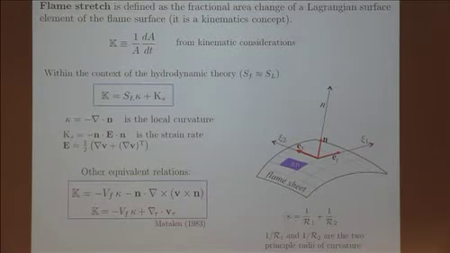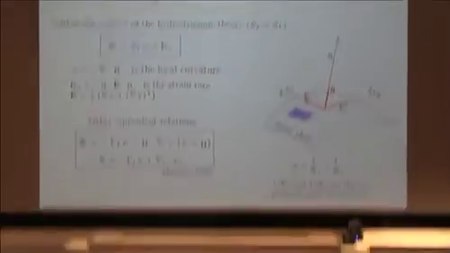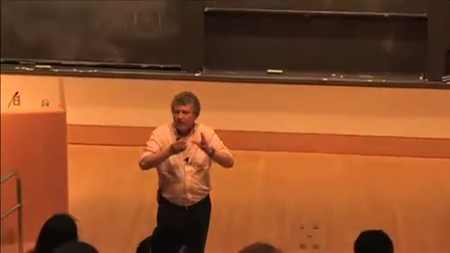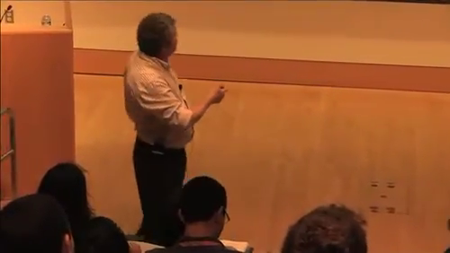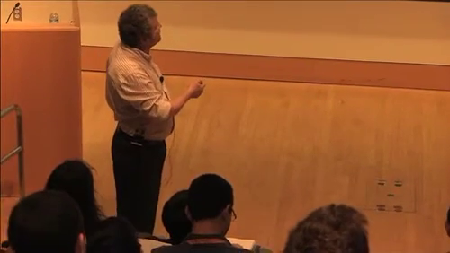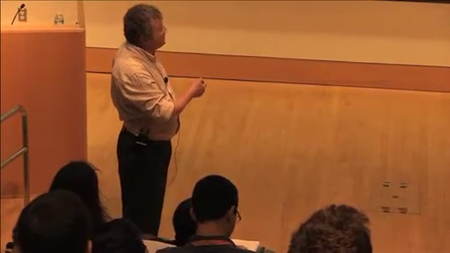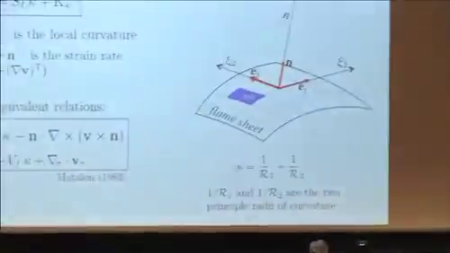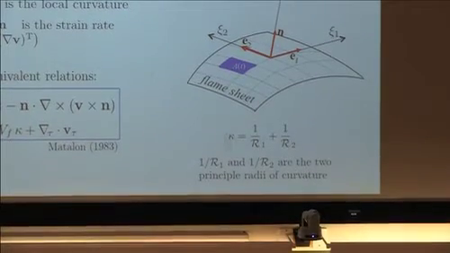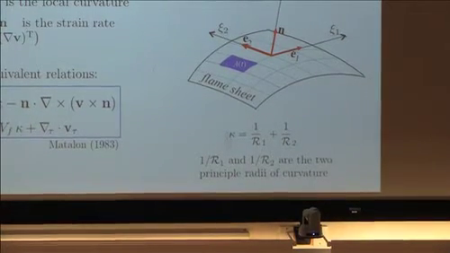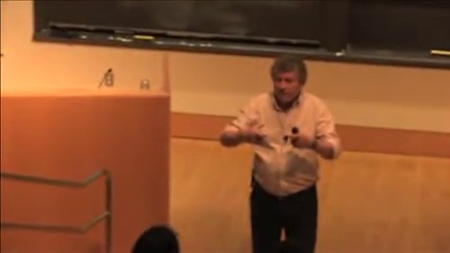So for example, if you have a sphere, because of the symmetry, in whatever direction you cut the sphere, it will have a radius of r. And so both principal radii of curvature are going to be the radius r, and so curvature is 2 over r, okay? But if you have a cylinder, let's say, if you cut it horizontally, you get a radius of curvature r, the radius of the cylinder.